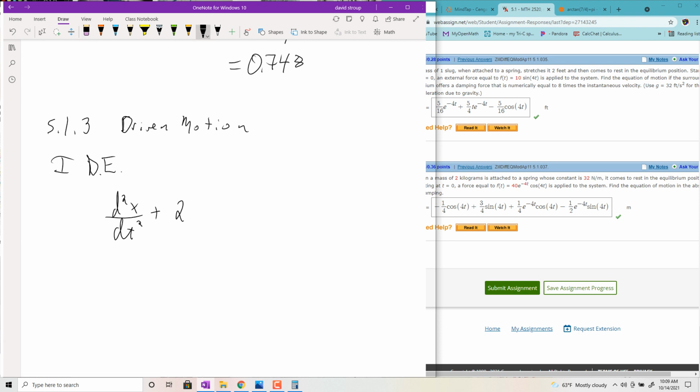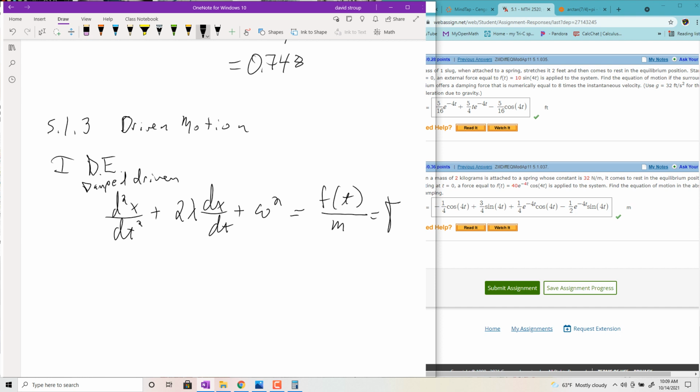So plus, if it's the damping version, plus 2 lambda dx over dt plus omega squared x. So this is the damped driven. There's really not too much of a difference when you go to solve them. And it'll equal the forcing function, but you have to remember to divide that by the mass.